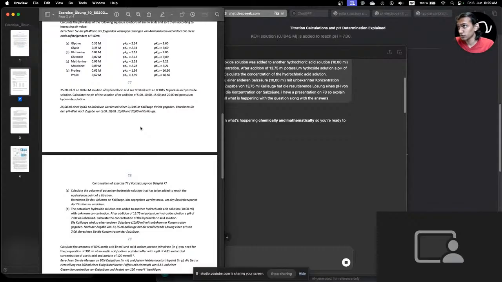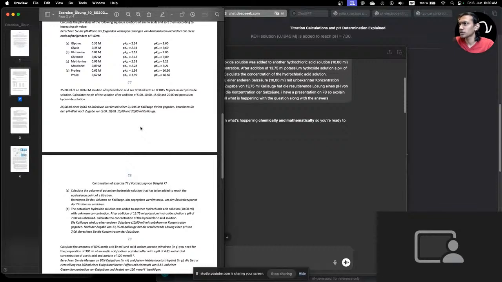Calculate the pH of the solution after addition of 5, 10, 15, 20 milliliters of potassium hydroxide. Calculate the volume of potassium hydroxide solution that has to be added to reach the equivalence point of titration.